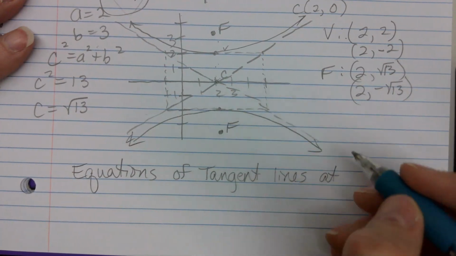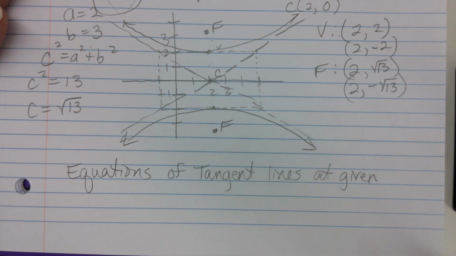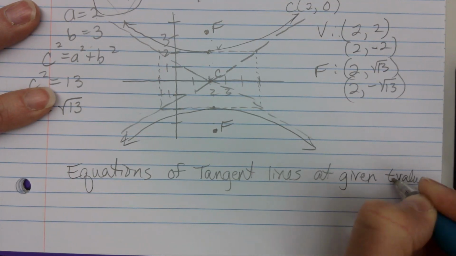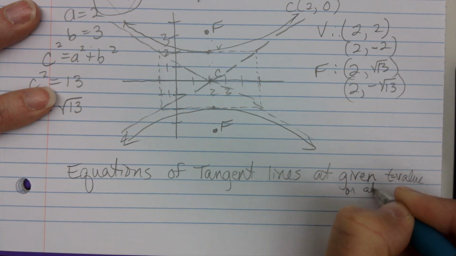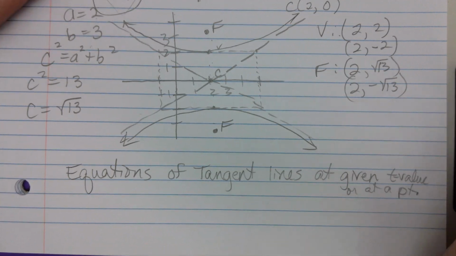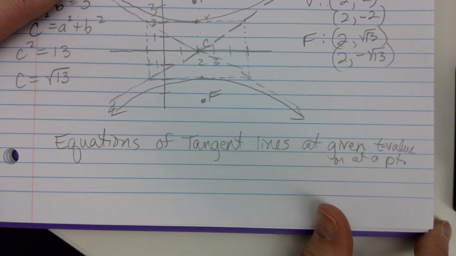So equations of tangent lines at given points. Now for parametrics, you could be given a t value, or what else could you be given? A point, x, y. At a point. And the xy point causes you to do an extra step to find what value? The slope.